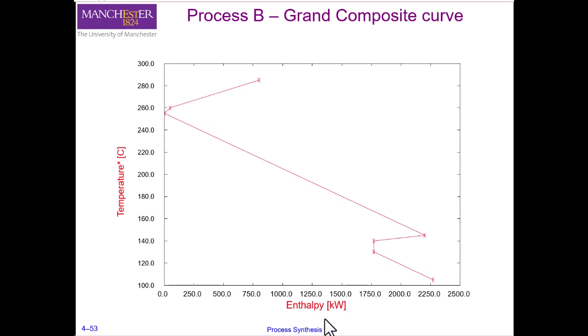We have our associated grand composite curve for process B, showing us the heating requirement. Okay, and then below the pinch, we have a large amount of heat available that can be used for steam generation, and as you can see, the temperature is much higher here compared to process A.